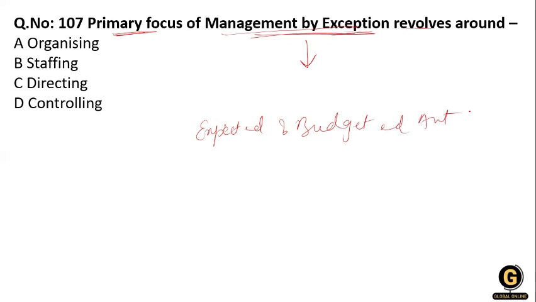It happens when the company controls and alters the management of expenses that are beyond the desired amount. So the primary function of management by exception is to control. Basically, they want to control. So option number D is correct over here.